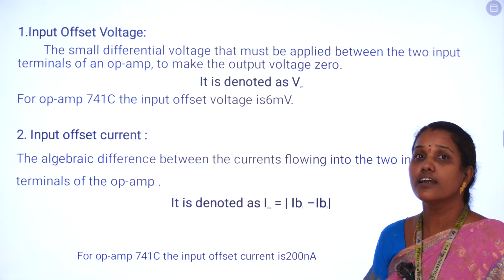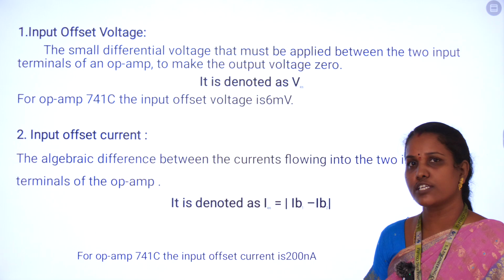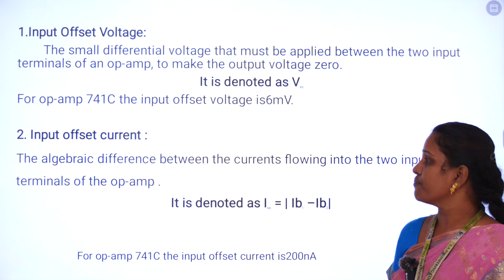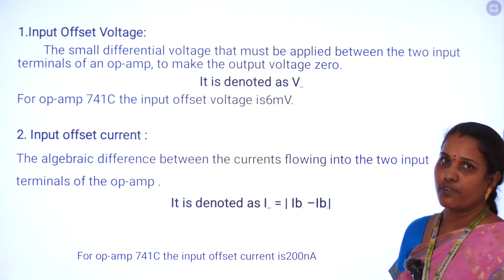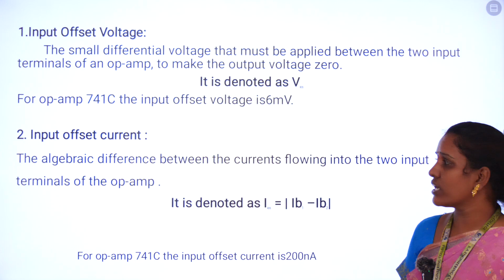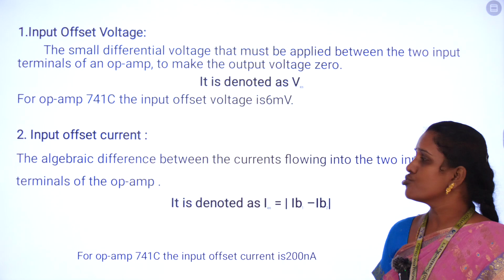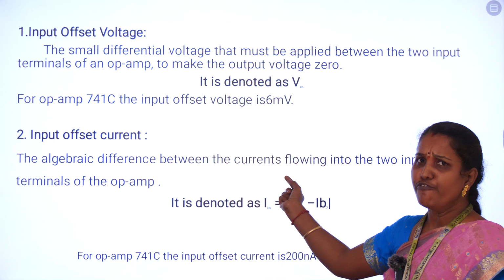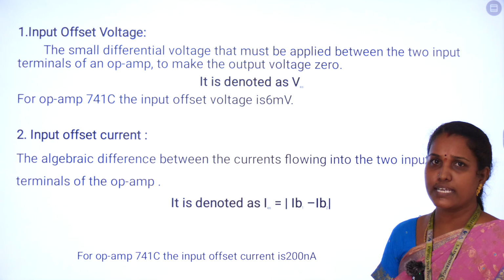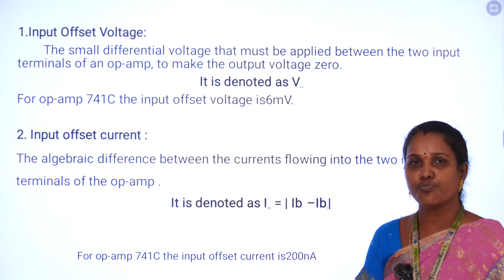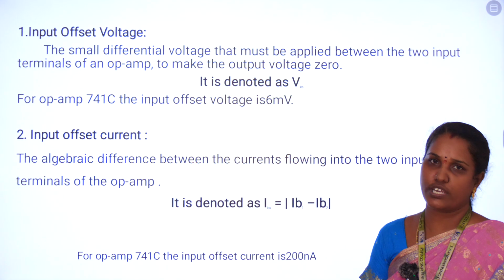This is not like an input current, not like an original current. Some unwanted current will be flowing to the input terminal, and that is the offset current. You want to minimize it, because this offset current makes your output not equal to zero.